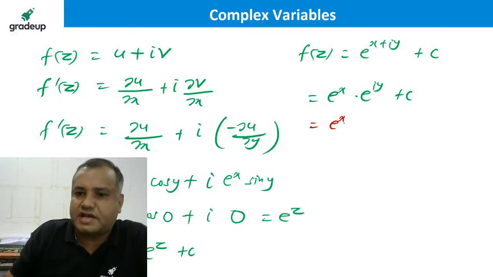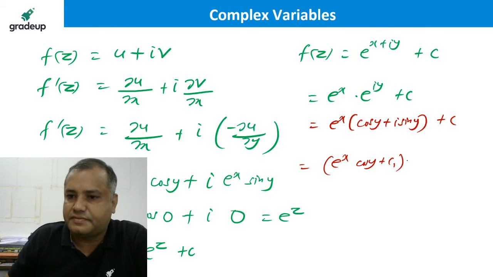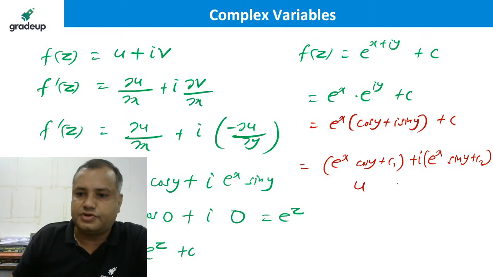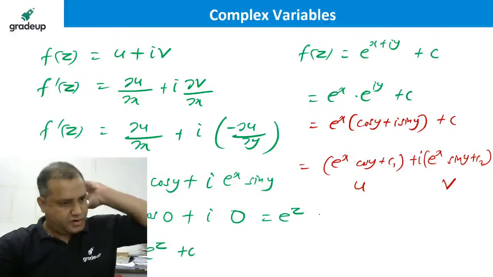So e raised to x as it is, by Euler's theorem, this will be cos y plus i sin y. So e raised to x cos y plus some constant c1, e raised to x sin y plus some constant c2, and here you have i. So this is your u, this is your v.